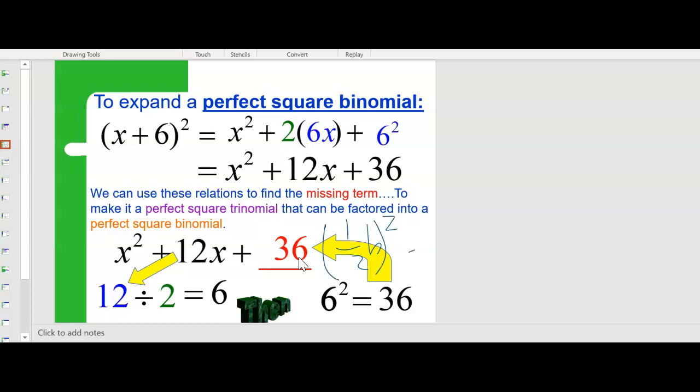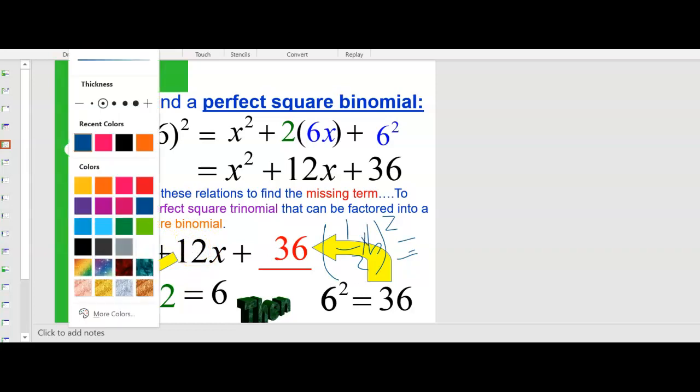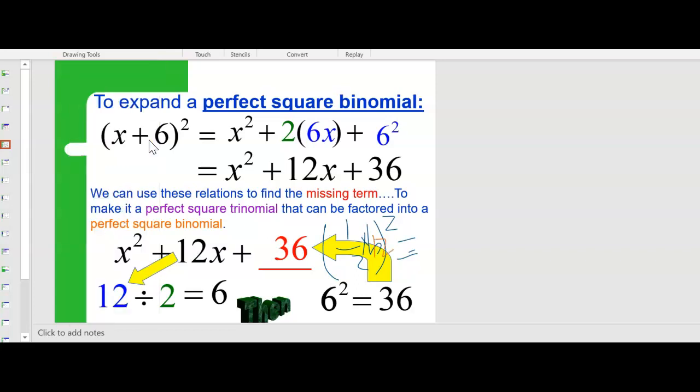So what is your b? b is a middle term, which is positive 12. So it's 1/2 times 12. Then square it. So 1/2 times 12 is 6. 6 squared is 36. So the number on the back is 36.